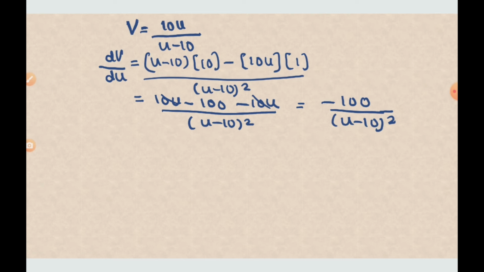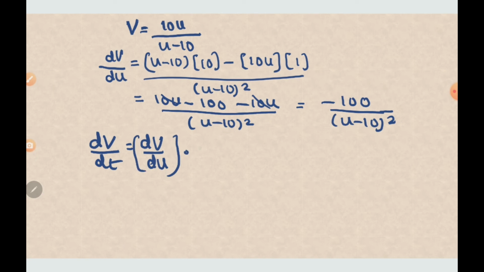Now we will use, what is dv dt? dv dt can be written as dv du, the rate of change of v with respect to u, multiply with du dt.